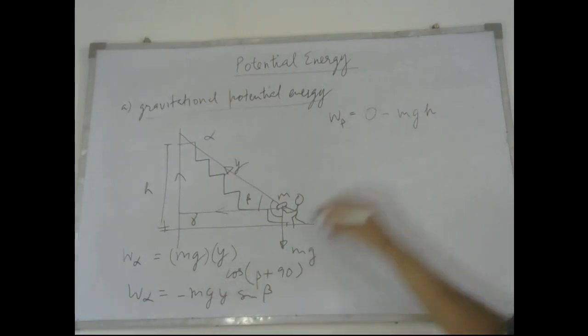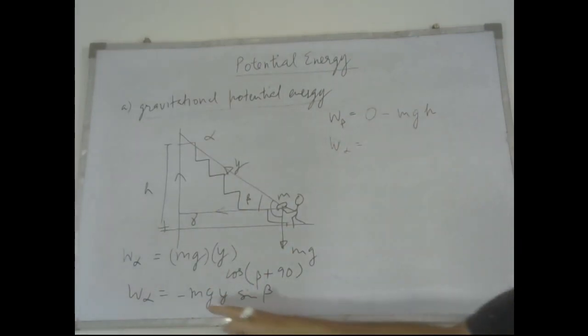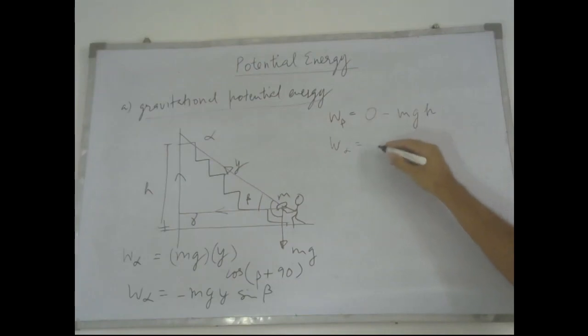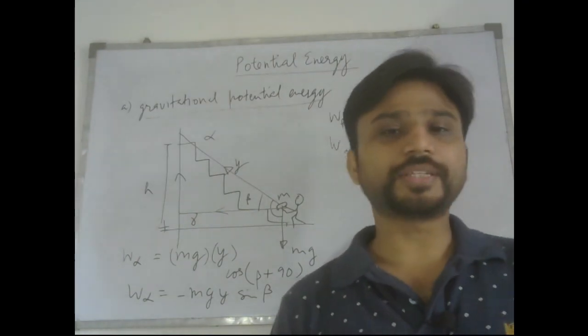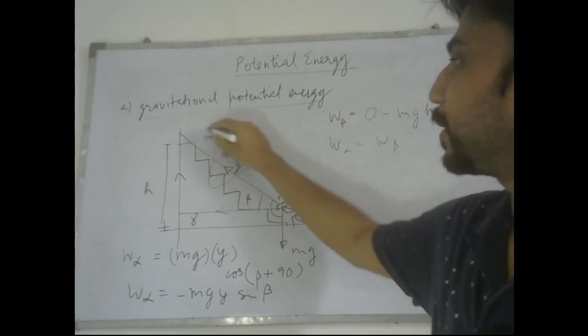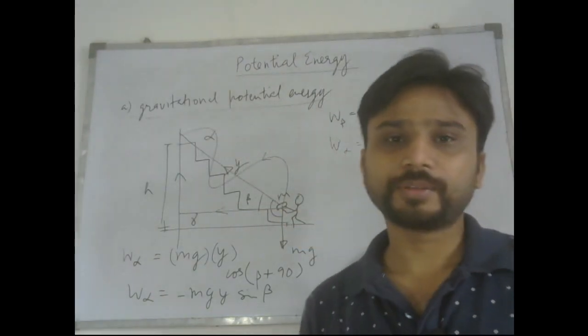And we can clearly see the work done along alpha is equal to minus mg y sin beta, where y sin beta is h. So this also becomes equal to minus mgh only. So the work done in the alpha path and the work done in the gamma path are the same. And not only this, we can easily prove that even if we are not going in a straight line or are taking different paths, the work done is always going to be the same.